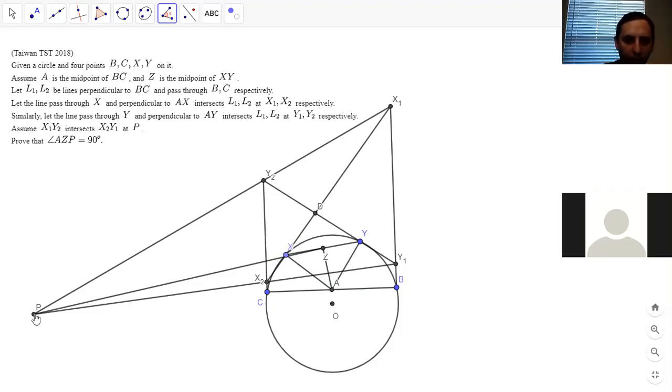Or I could try triangle PZY. Oops. No, the length ratios are too different.